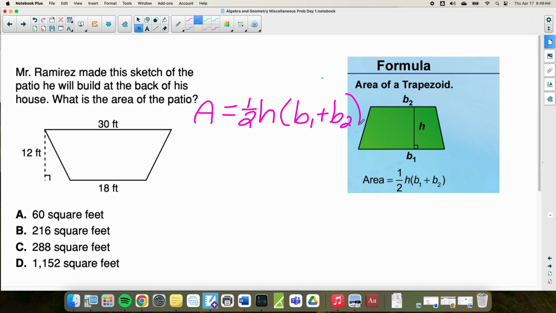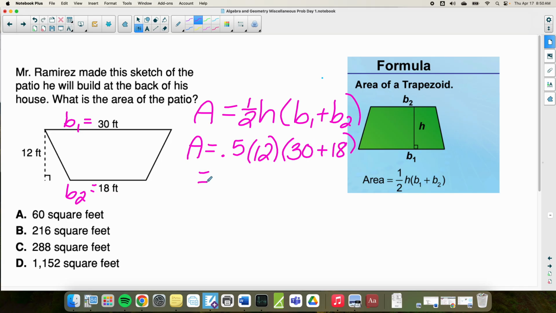And we have this trapezoid. What is the area of it, okay? So the 1/2 you can put as 0.5. The height on these again has to be perpendicular, which the 12 is. And then it's B1 plus B2. So you can call one of the bases B1 and one of the bases B2, but it doesn't matter which one. And then this would be 30 plus 18.